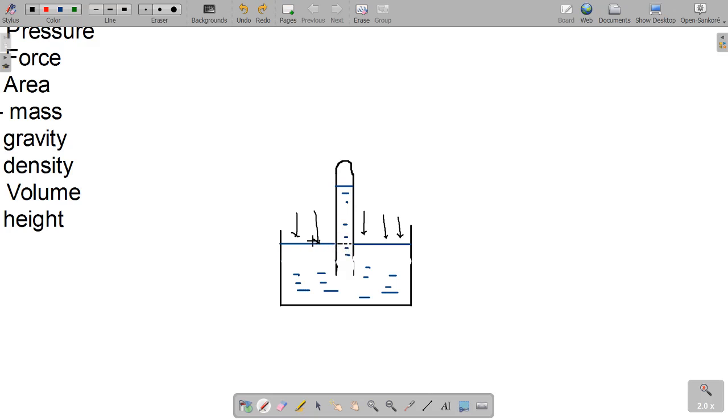The pressure here is similar to the pressure at here. So the thing is here, what is being exerted is atmospheric pressure. And here, since there's a vacuum, the only pressure being exerted is a column of water here.